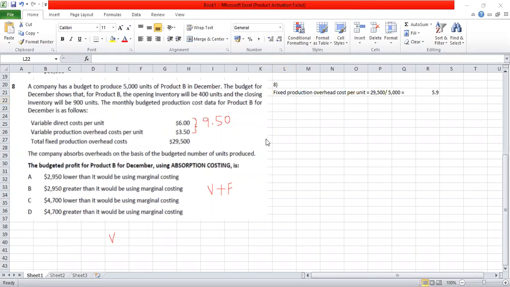Sorry about the disturbance. So additional 500 units. Now the impact will be for 500 units. Each unit at the rate of 5.9 will be charged more in case of absorption costing, less in case of marginal costing. So the ending inventory value under absorption costing will be affected.